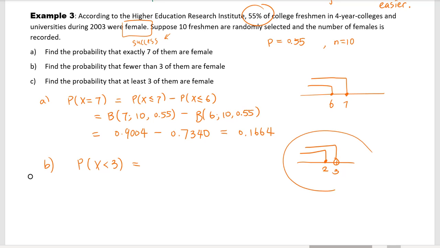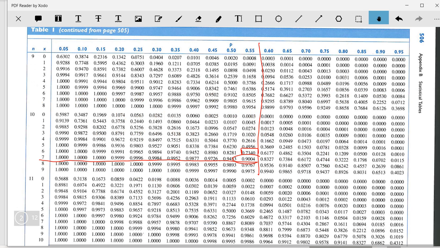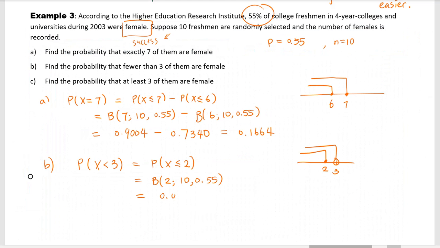I strongly recommend you draw pictures, it can help you make sure what it is. This is x less than or equal to 2, so 2, with 10 and 0.55. And 2 is right here, 0.0274. So this is part B.